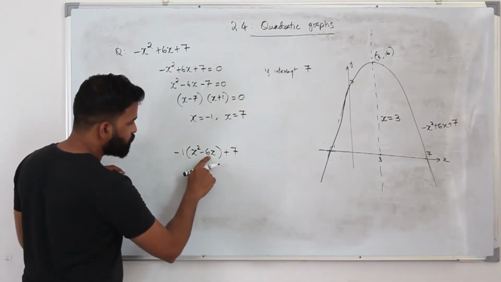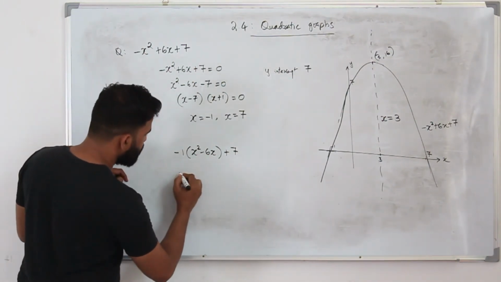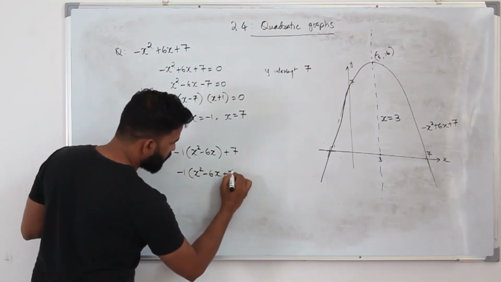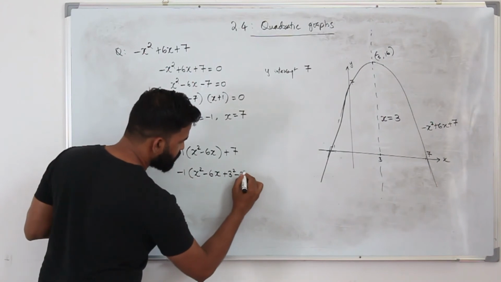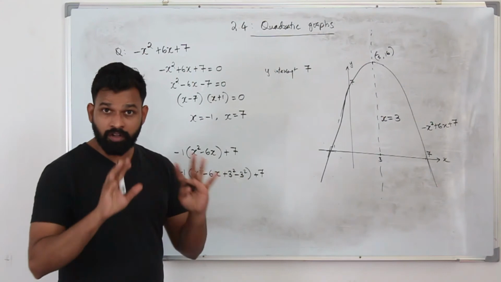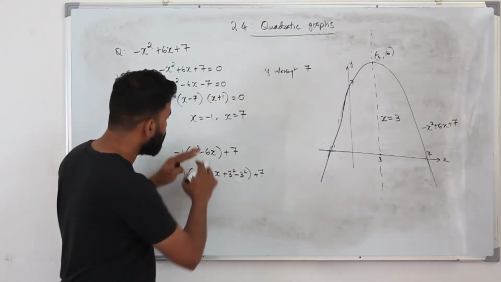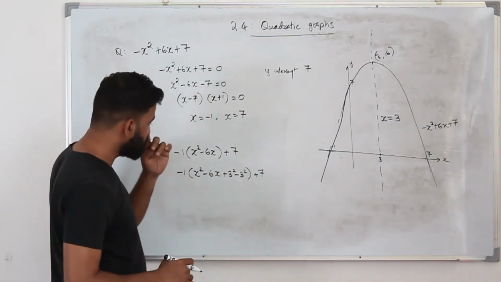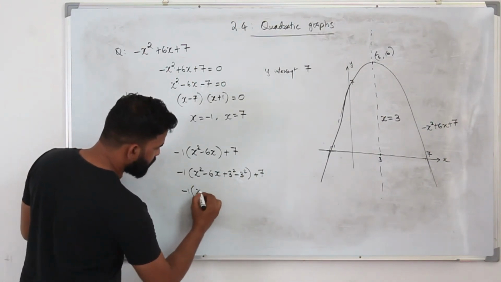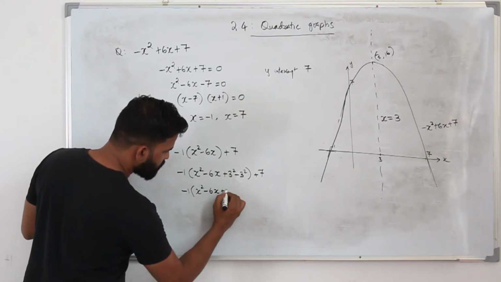Take half of 6, which is 3. So put 3 squared plus 3 squared minus 3 squared. If you forgot the formula, just apply the normal completing the square method. So minus 1 into these 3 terms: x squared minus 6x plus 3 squared.